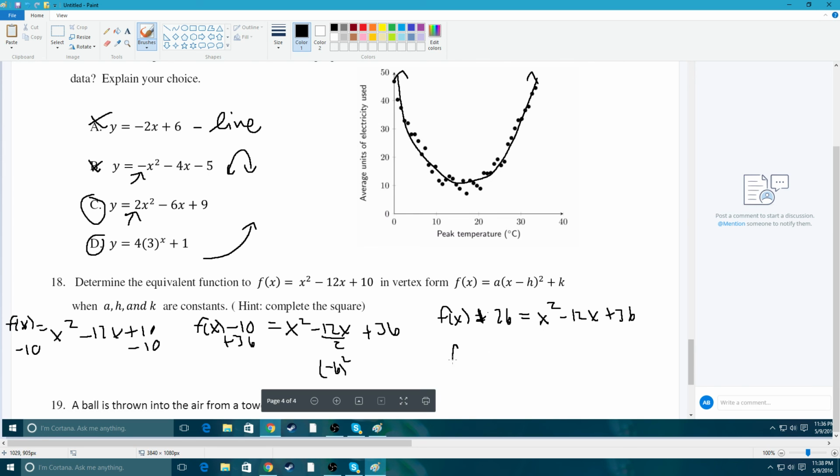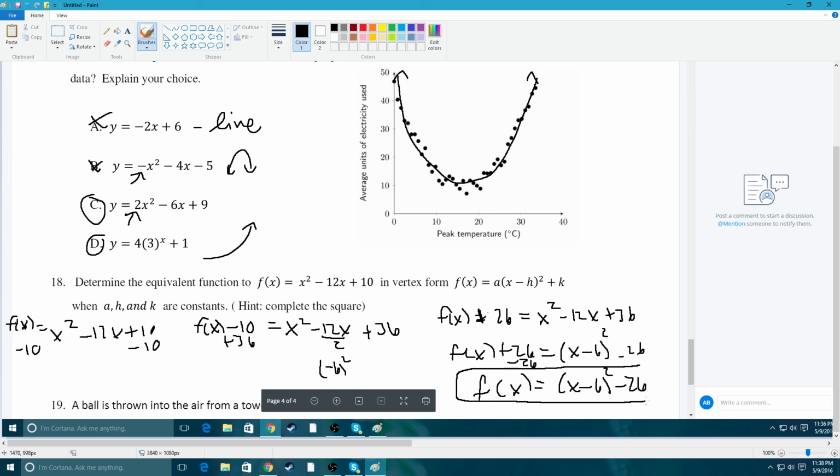So this is f of x plus 26 equals x minus 6 squared. And we finish it up by subtracting 26 from both sides. So f of x equals x minus 6 squared minus 26. Final answer.